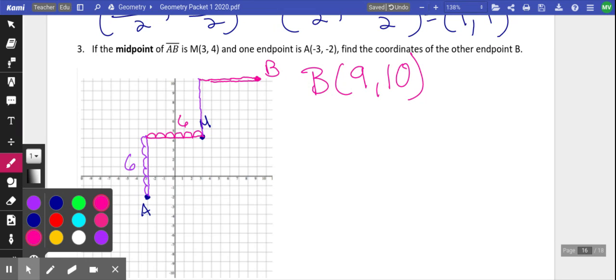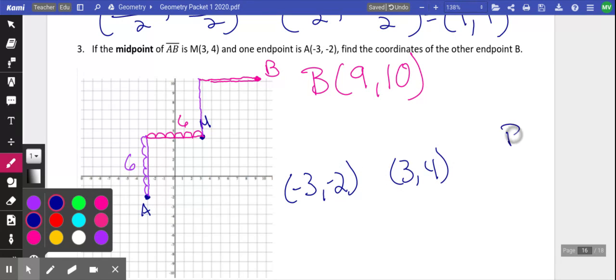I'm going to show you another way where I can just figure it out. So I have A is -3, -2. I have M in the middle, which is 3, 4. And I'm looking for B. So another way I can do it is, how do I go from -3 to 3? I added 6.